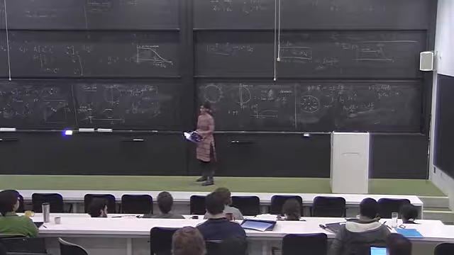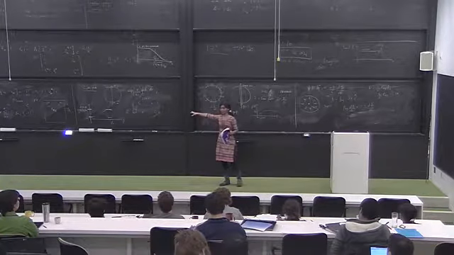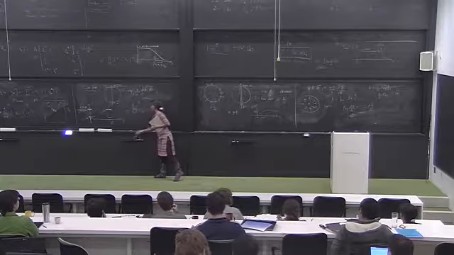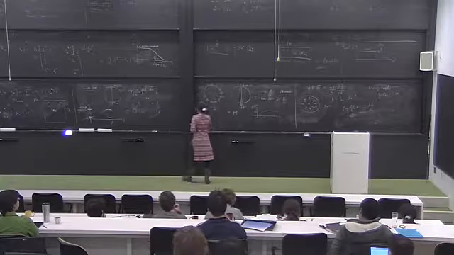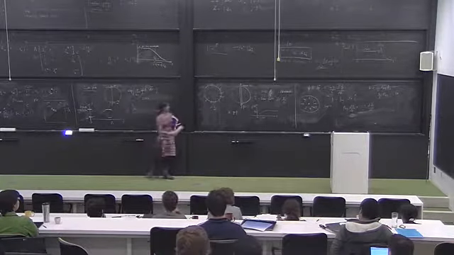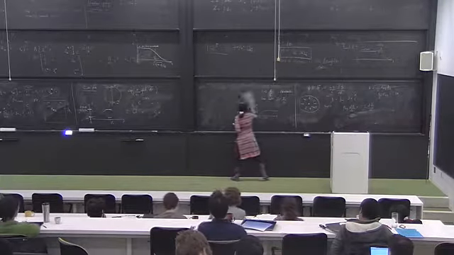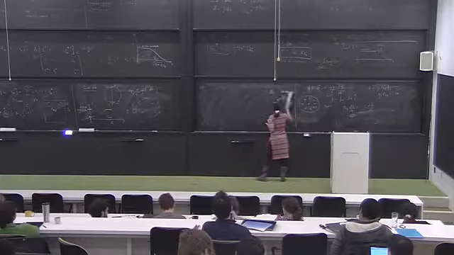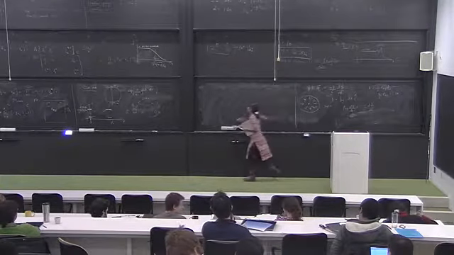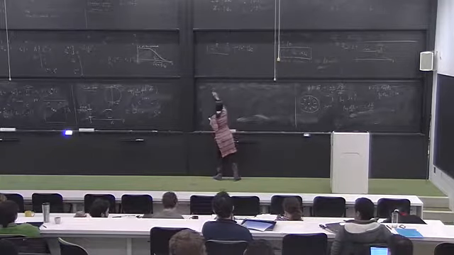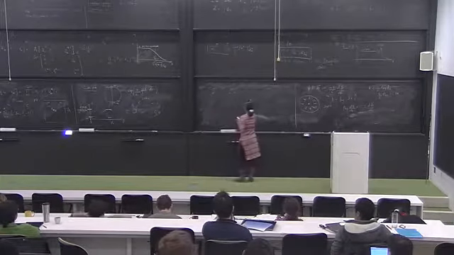Okay, I'll say the last bit really quickly. Why is this now an anion? An anion is defined by the fact that it's really a property of exchange statistics. So if you had two electrons, what do we mean by the fact that they're fermions?